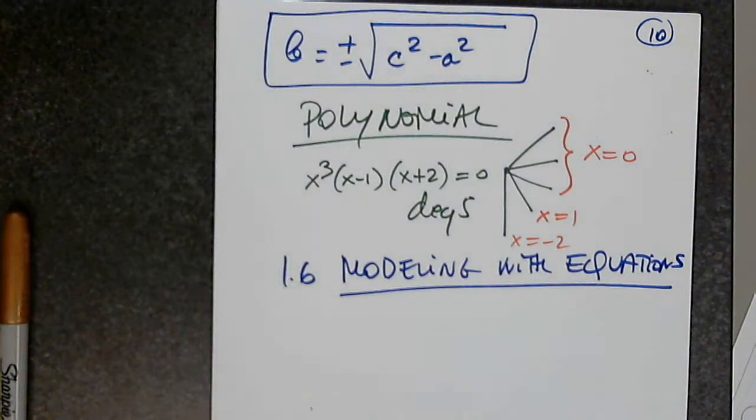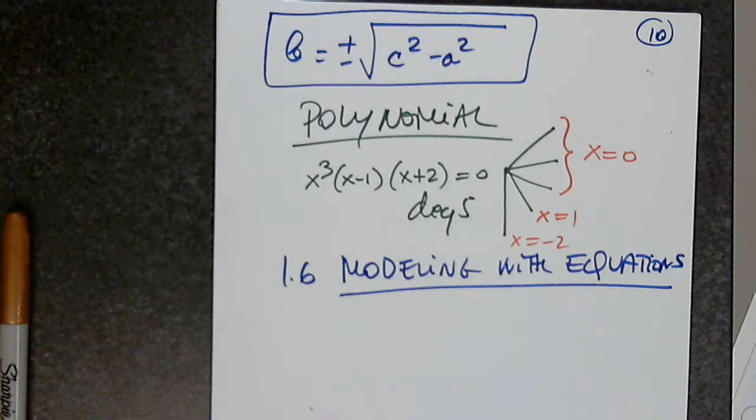But when I say modeling with equations, what does that mean? A real life situation then changes into what? Equation. That's it. In other words, a particular equation is applicable to a situation. That's what it means, modeling with equations. Fitting an equation to a particular real life situation. Very good.